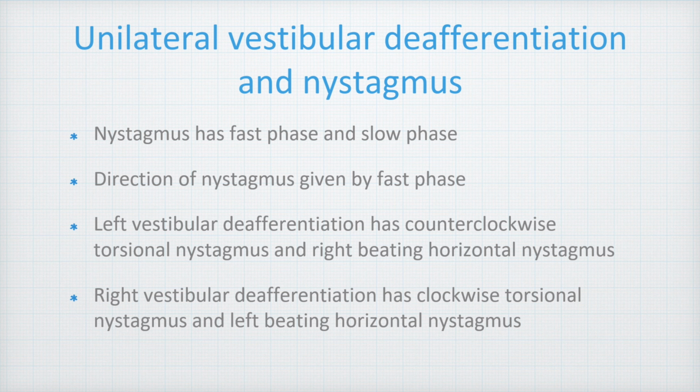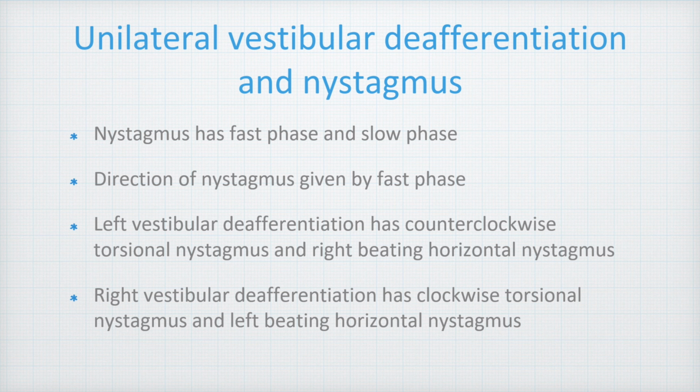This rapid corrective movement is the fast phase of the nystagmus, and the slow phase is towards the disease. The direction of the nystagmus is given by the fast phase because this is more easily detected by the observer. So remember, the direction of nystagmus is the fast phase, but it is opposite to the direction of disease.